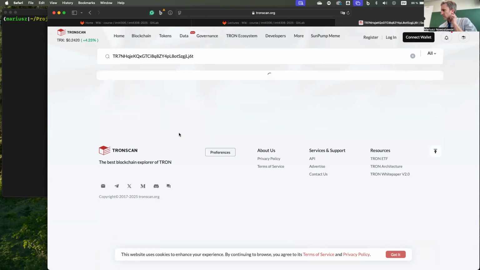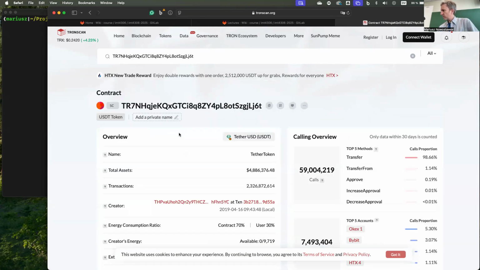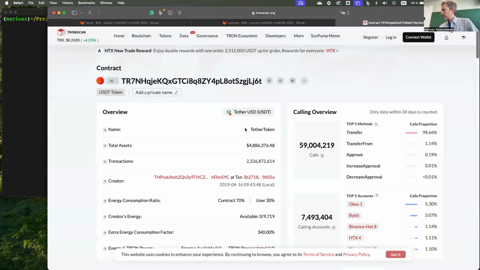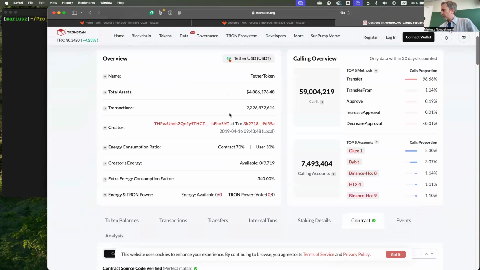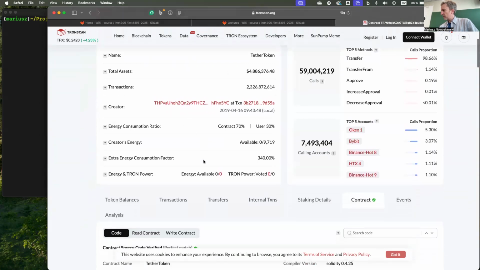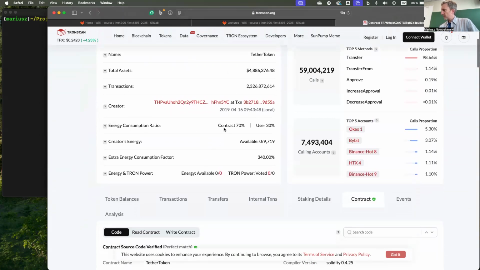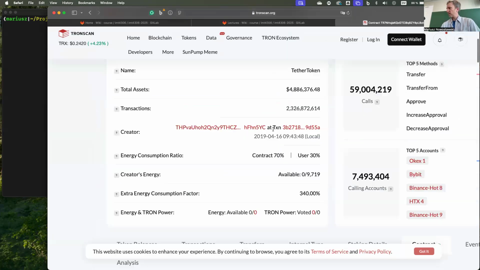So if we load it up, we have the name, we have the total assets locked, we have the creator address, and then we can see that the contract had initially 70% of energy ratio allocated to the contract and 30% to users, right?